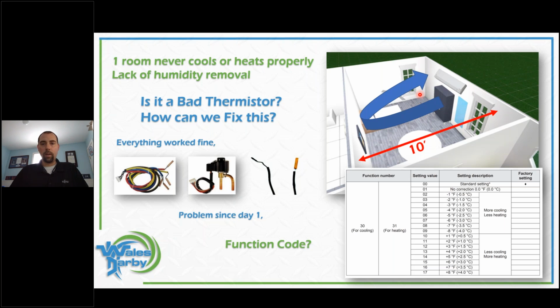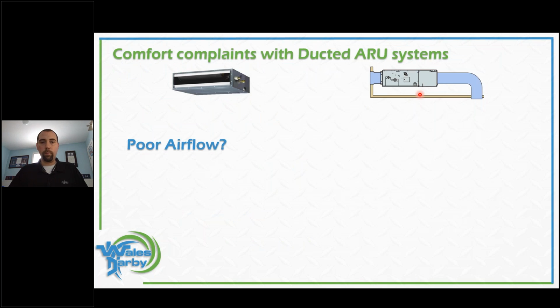Another function code we get, on the same kind of comfort complaint, we get it with ducted ARU systems. We get poor airflow problems. If we have poor airflow, we're not cooling the space, we're not pulling the humidity out, we're just not performing properly. All ducted systems out of the box are not set up for ductwork. They're set up for an air filter that we provide that's bolted on the unit, basically.